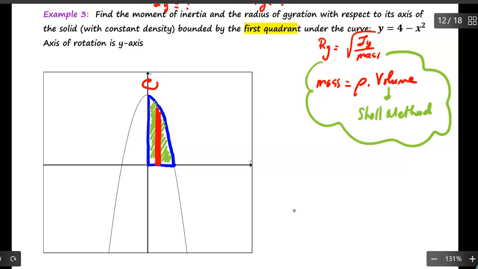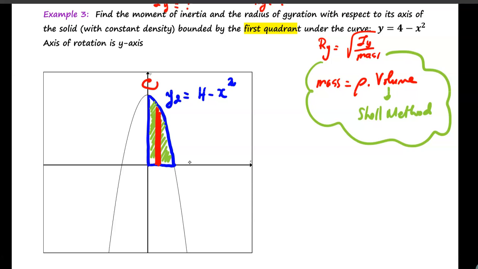I just have to take the upper function minus the lower function. So within the green area that I shaded for you, the upper one should be your parabola. So it's simple as that. Okay, so the parabola will be your y2 equal to 4 minus x squared. I said it's simple because I created that simple rule for everyone to remember.